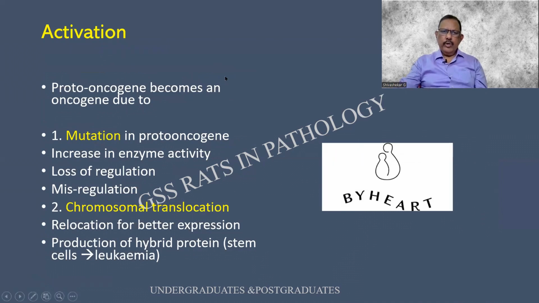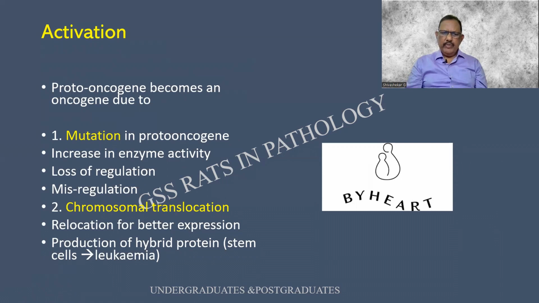For the proto-oncogene to become an oncogene, there are certain things which are required. One is mutation. The proto-oncogene itself will have to undergo a mutation so that the normal regulation is not there. There is a loss of regulation or a misregulation. Similarly, there can be chromosomal translocations.